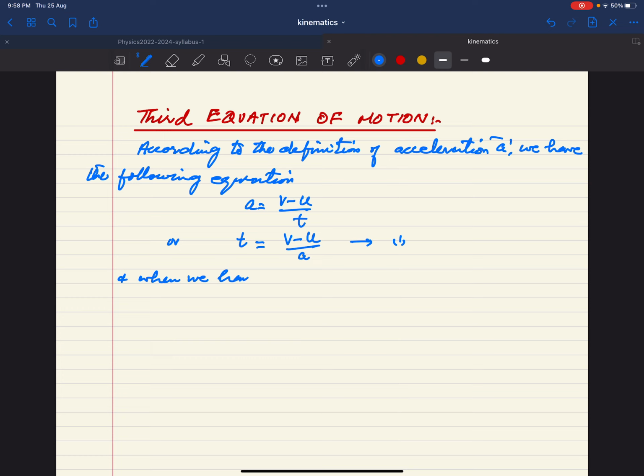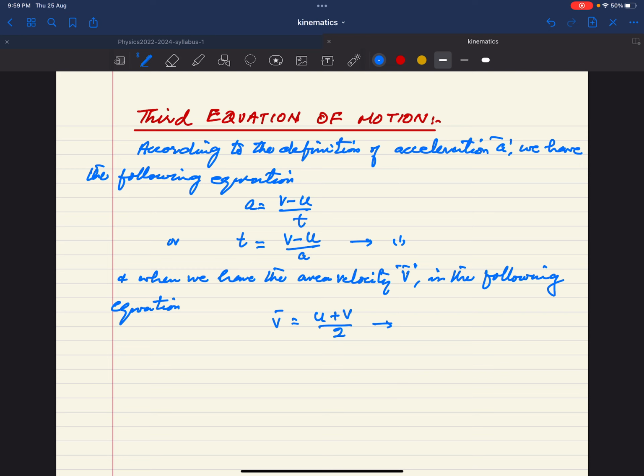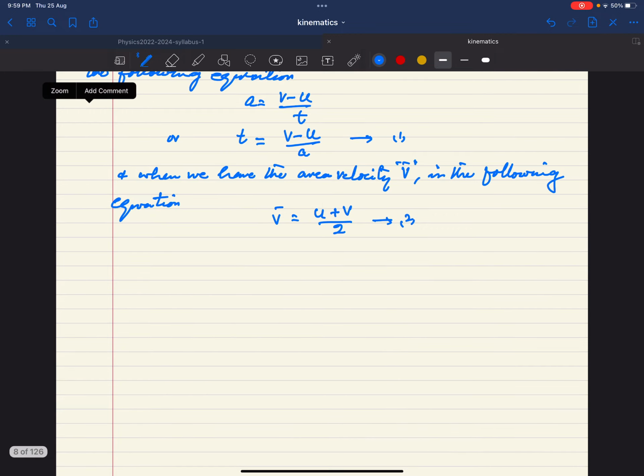And when we have the average velocity v bar, we have the following equation: v bar is equal to u plus v divided by 2. We have already discussed this average velocity, so I am taking this equation directly.